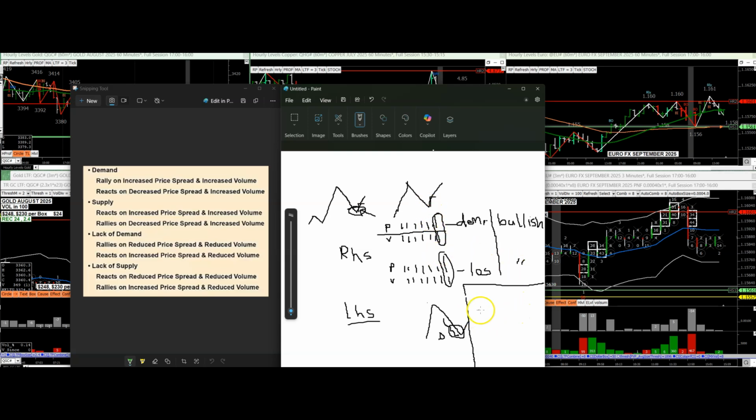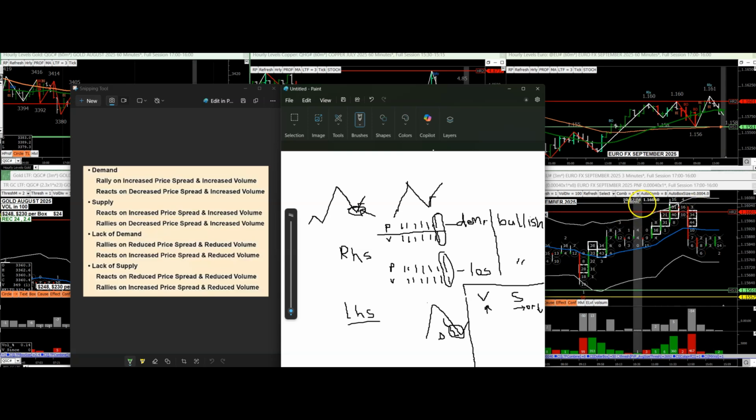Okay? If your volume is increasing and your price spread, let's just call it S, is flat or decreasing, there's a mathematical relationship that can be modeled, and you can use it to identify demand coming in on the pullback.